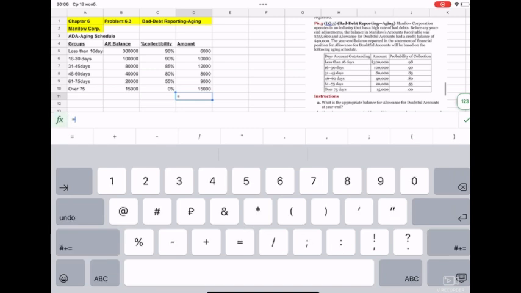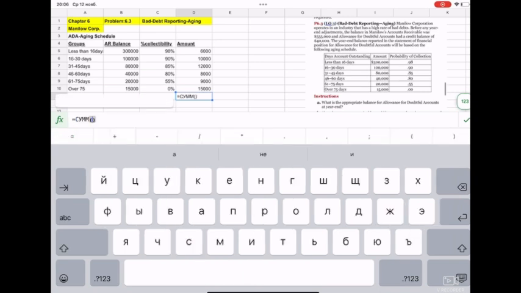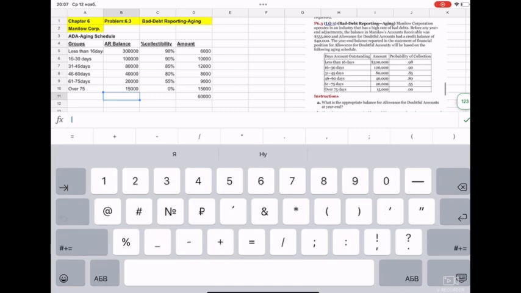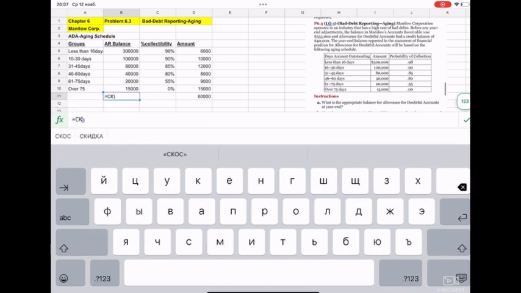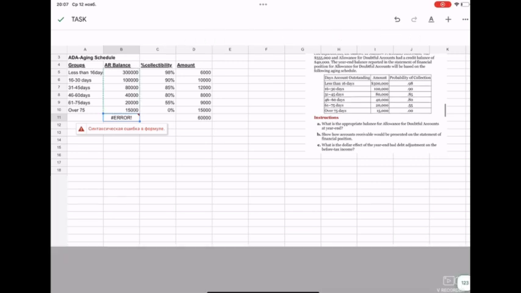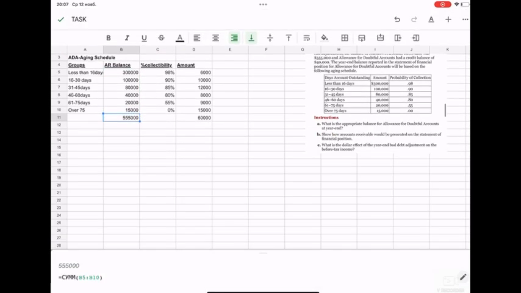Okay, the sum is 555,000. What would happen if I just write the currency here? Again, I'm saying that I always calculate it on my laptop, but now I'm using my iPad. So I have calculated the amounts and the AR balance. Let's move to requirement A.